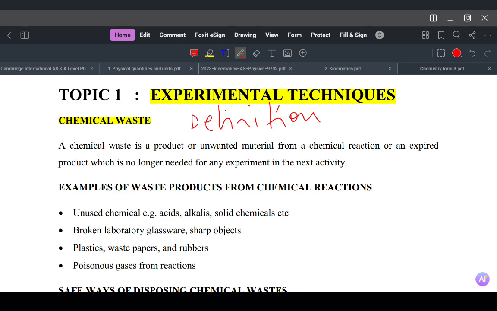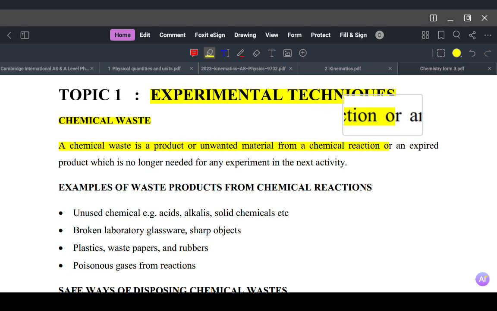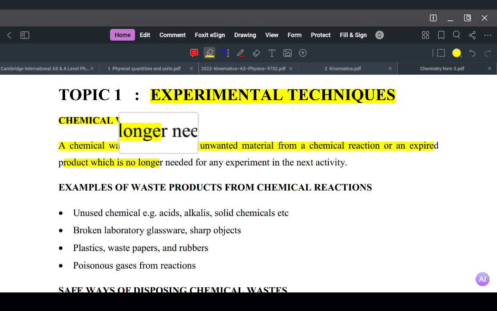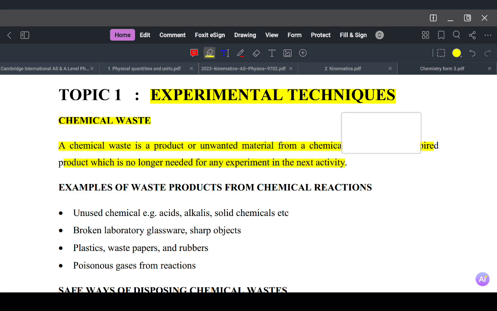So as far as this topic is concerned, we are going to define a chemical waste as simply a product or unwanted material from a chemical reaction or an expired product which is no longer needed for any experiment in the next activity.